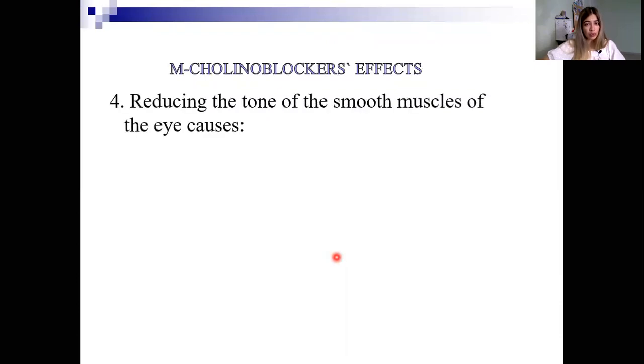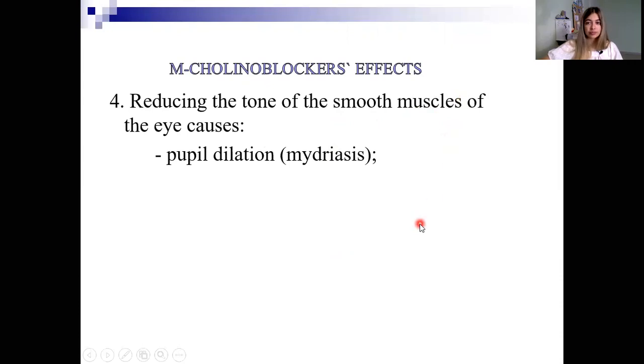So, next. M-choline blockers' effects can also be relaxation of the smooth muscles of the eye. We talked about glaucoma, that it would be helpful to contract the muscles in glaucoma to reduce the intraocular pressure.